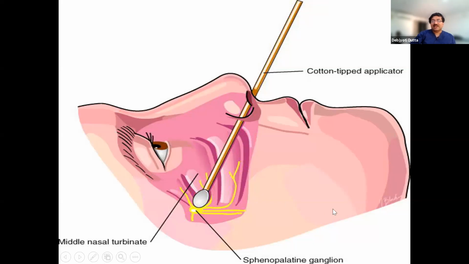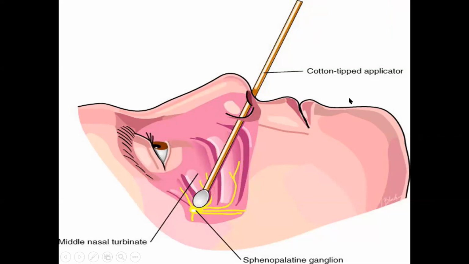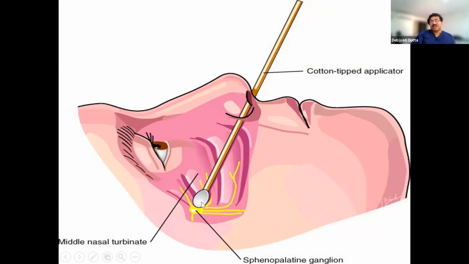Previously in India, the 10% lignocaine spray had a small metal tip, so in a few cases I directly put that metal tip inside the nose and sprayed just posterior to the middle meatus. That was possible, but nowadays they all come with large plastic tips, so that is not possible. Here we take a cotton swab, soak it with xylocaine, and place it at the lateral part of the nose.